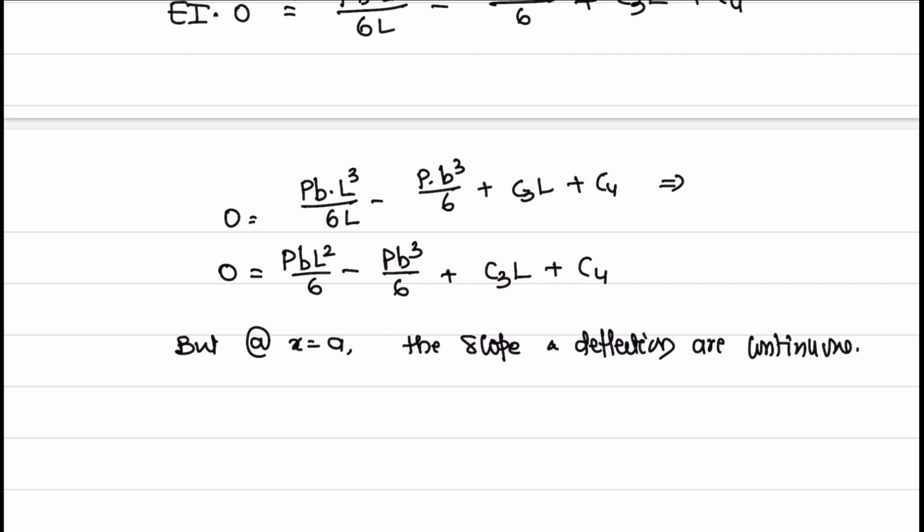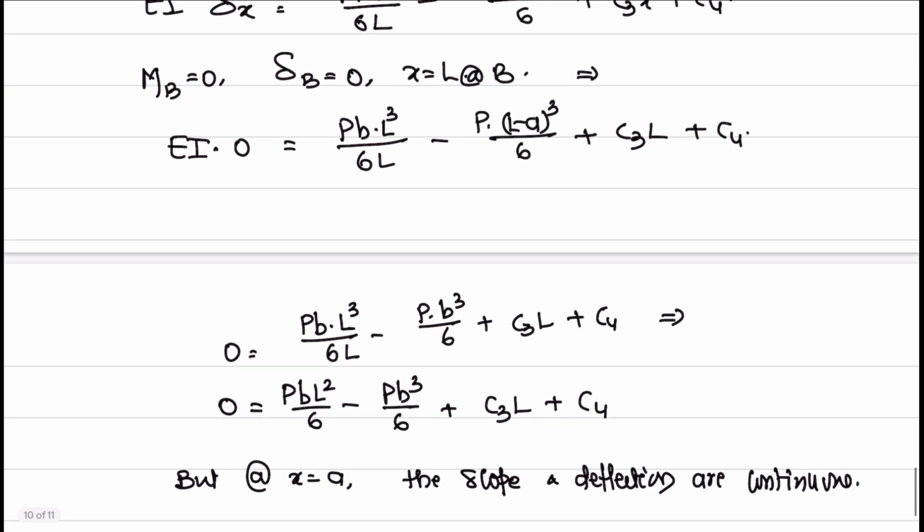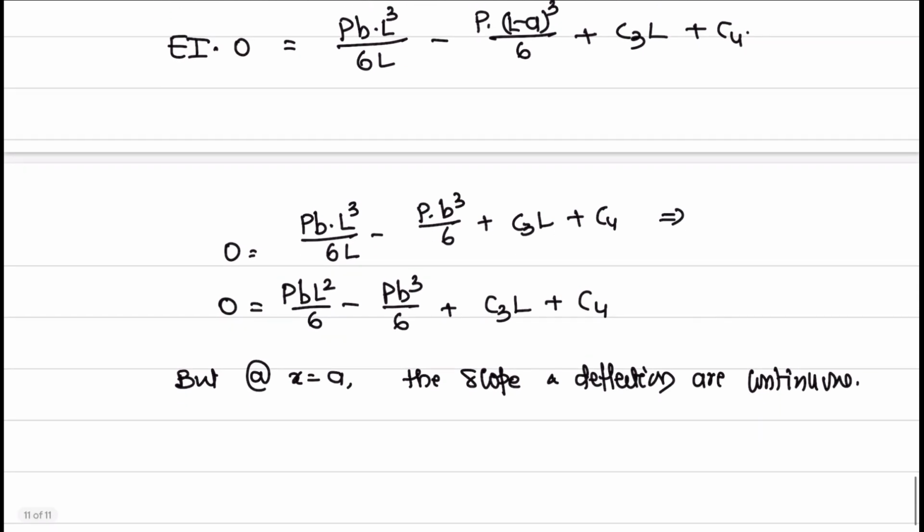Because when you go from left hand side and when you go from right hand side, there should not be any difference at A. At A, when you use the first equation or the second equation, the value should be the same. For example, at x is equal to A. This is another equation.